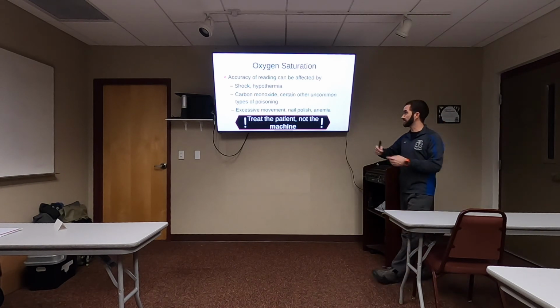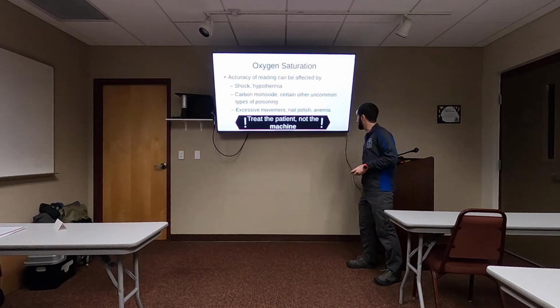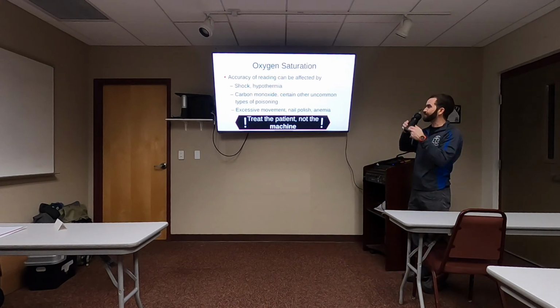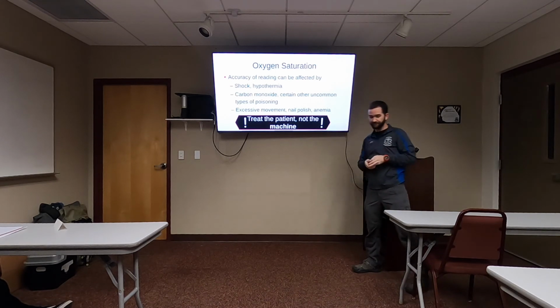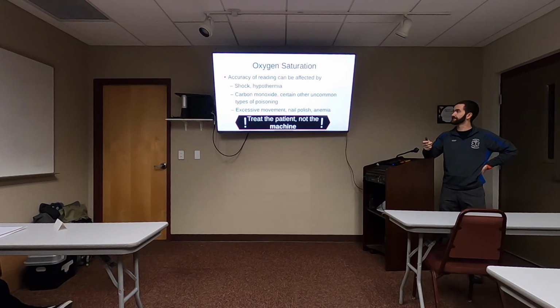If people are wiggling their finger around, if they're wearing too much nail polish, or any nail polish sometimes, if they're anemic, lacking in red blood cells, any of these things can make that reading not work out. So in the end, if your patient looks like they need some oxygen, give them some oxygen. Don't rely necessarily on that little sensor to dictate whether you give your patient oxygen or not. Treat your patient, not the O2 sensor.